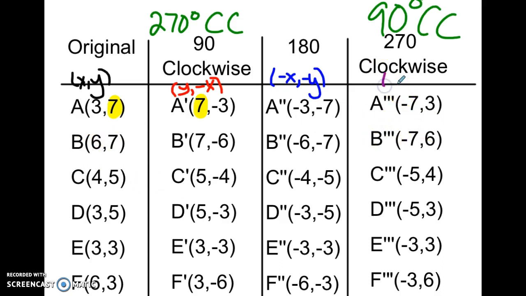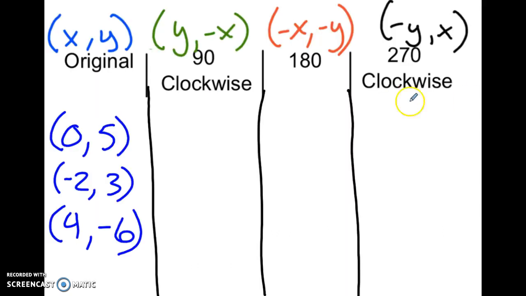So it looks like they switch order again. So Y is first and X is second. And when Y comes up to the front, it's going to change signs. So I've got the opposite of Y, comma X. So go ahead and add those rules on your table that you made from yesterday.